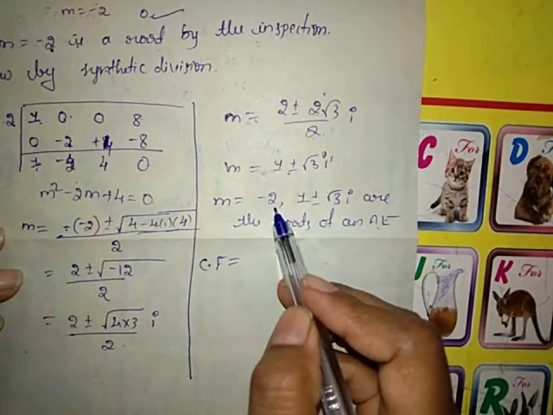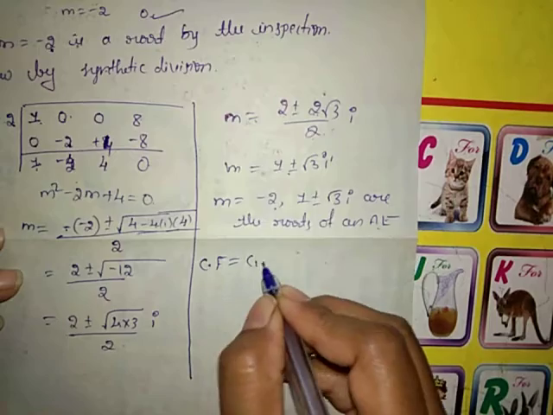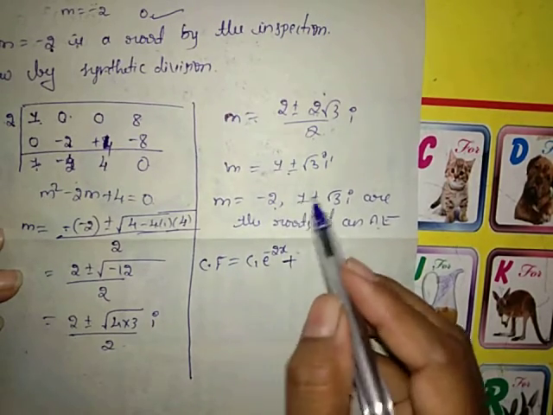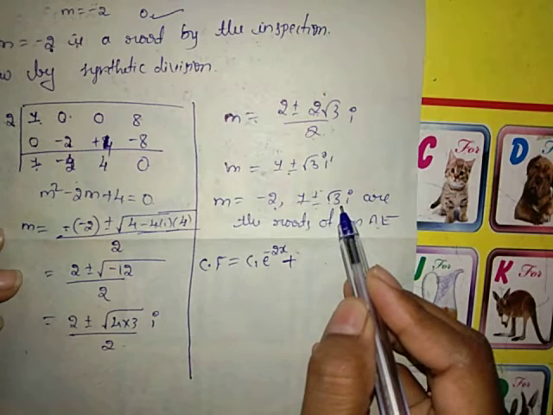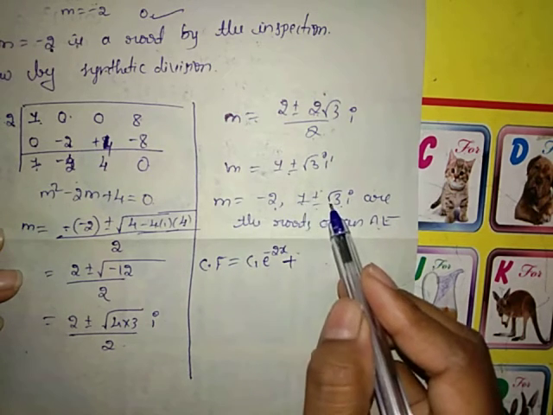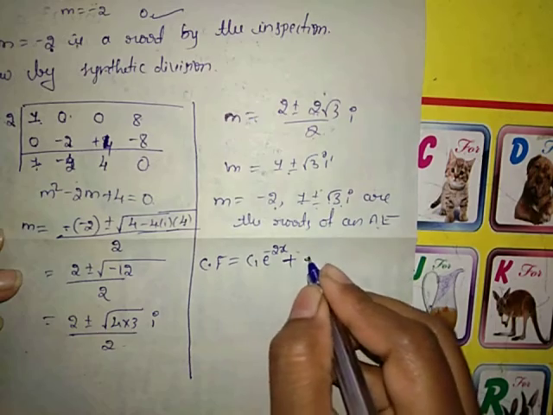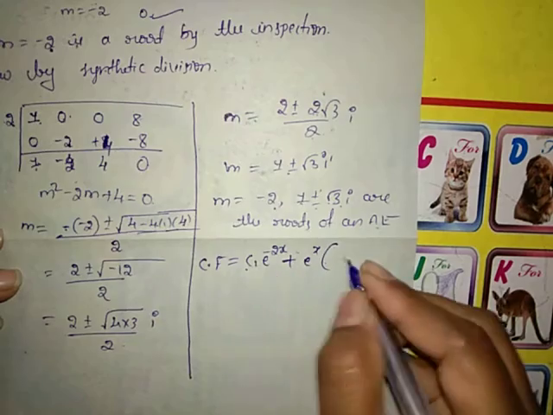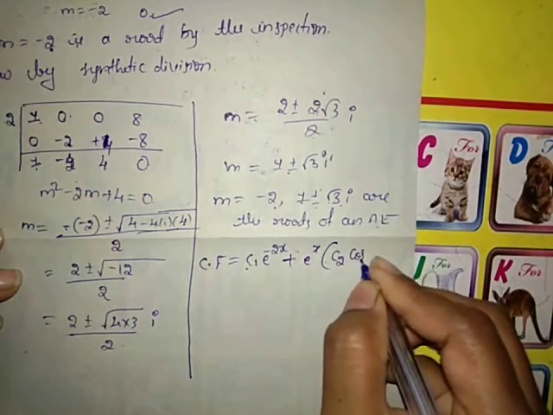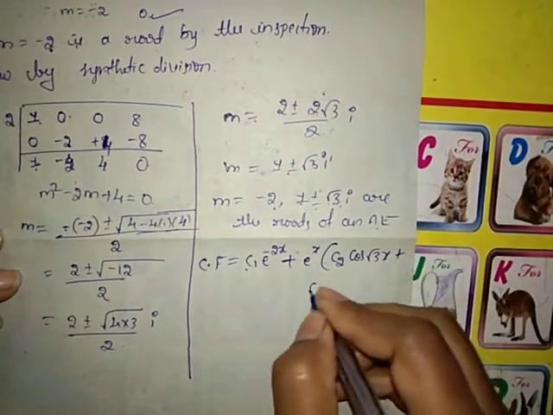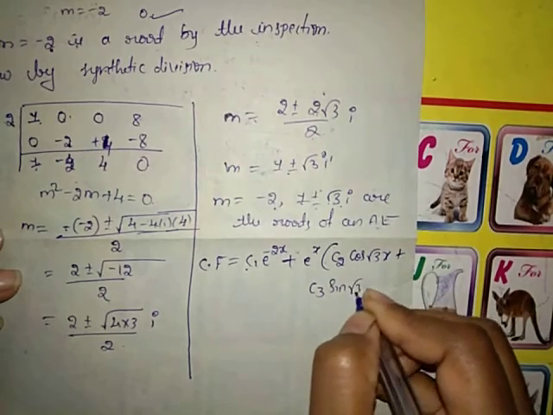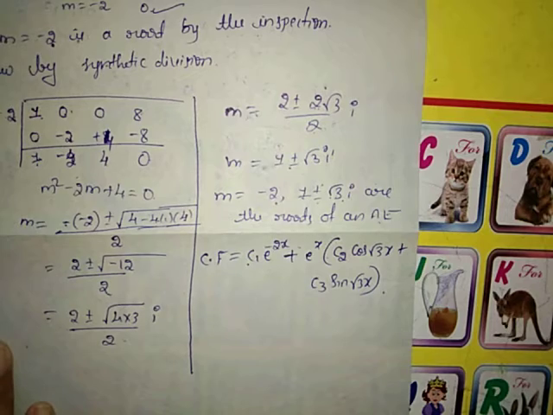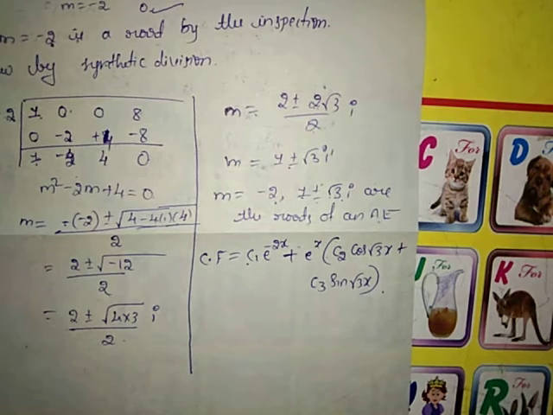First is minus 2, a real and distinct root: c1 e raised to minus 2x, plus 1 plus or minus root 3 i, a complex root, p equal to 1, q equal to root 3: e raised to px into bracket, c2 cos of root 3x plus c3 sin of root 3x, since c1 is already taken. That is the complementary function of the equation.